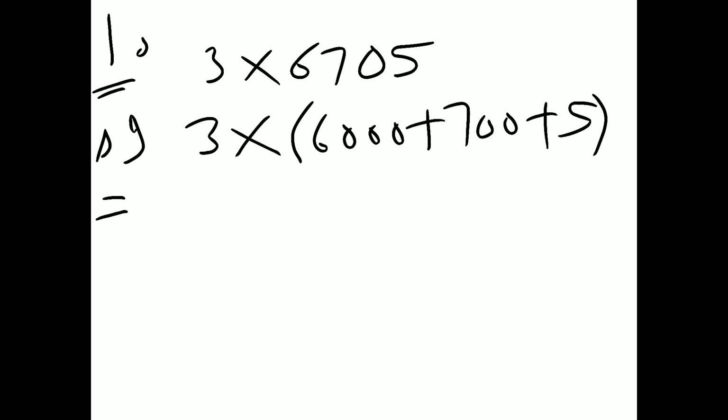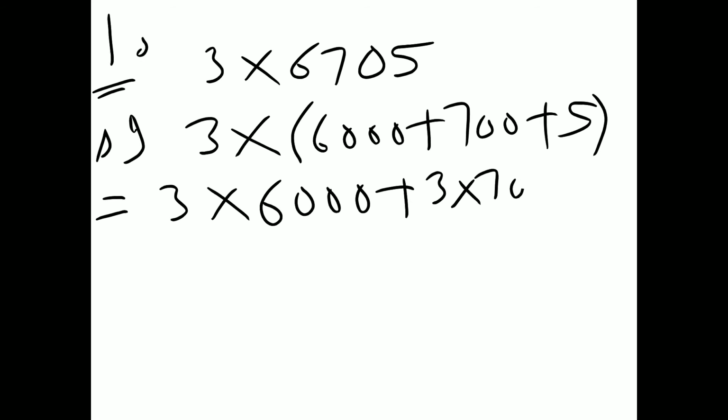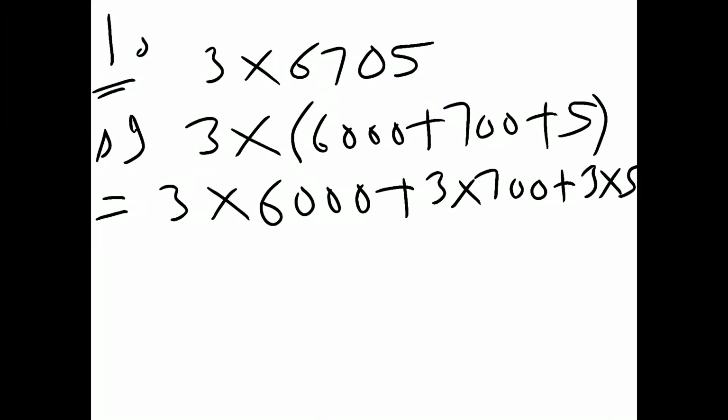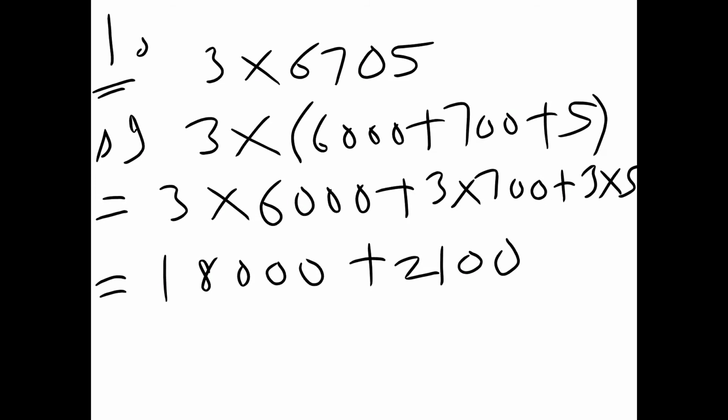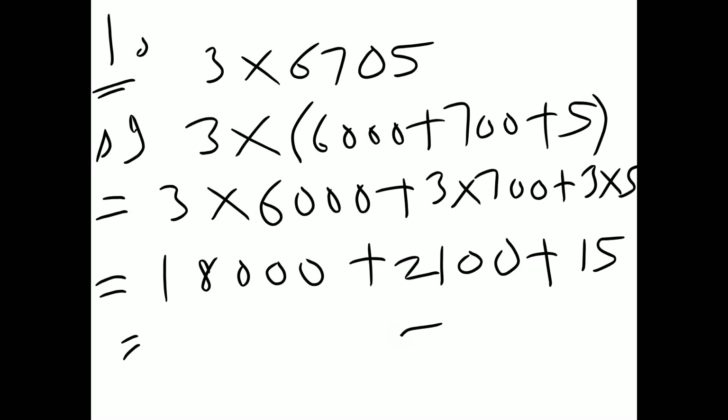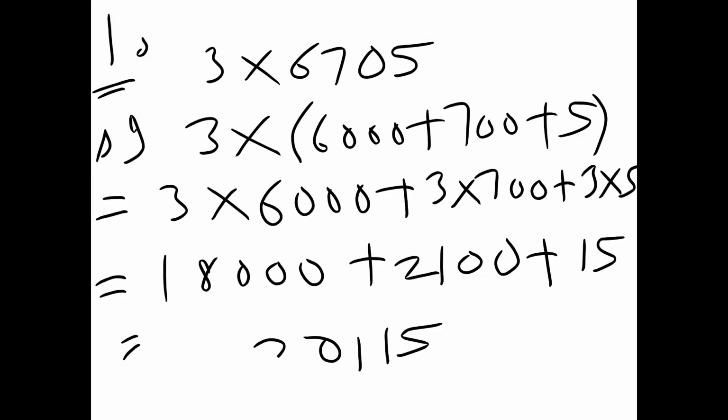Now we multiply every number with the numbers which are present inside. 3 into 6000, 3 into 700 plus 3 into 5. 3 6s are 18 and 3 zeros will come. 3 7s are 21 and with that 2 zeros come. 3 5s are 15. So answer will be 5, 1, 1 2 plus 8, 10 and 1 plus 1 is 2. Answer is 20115.